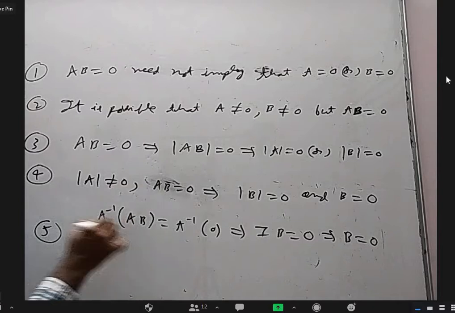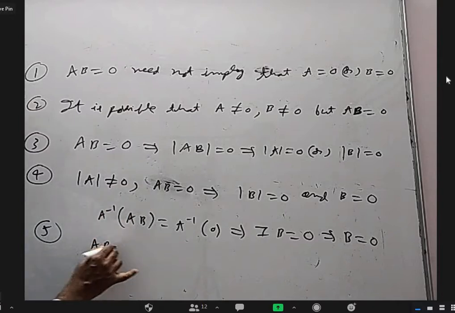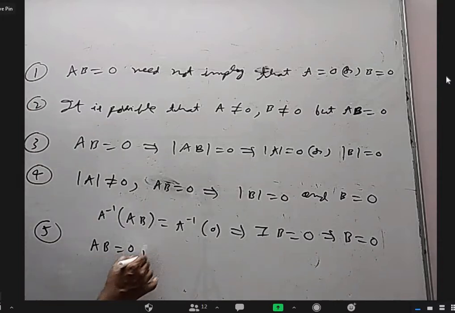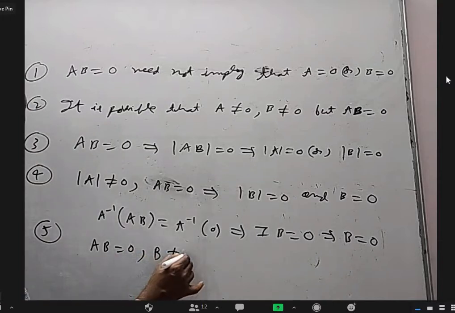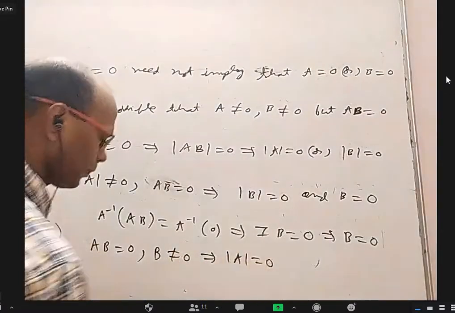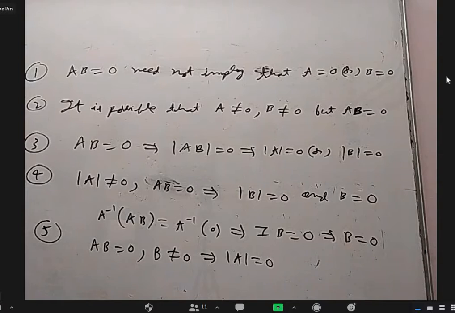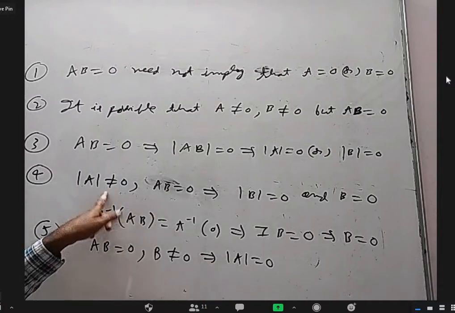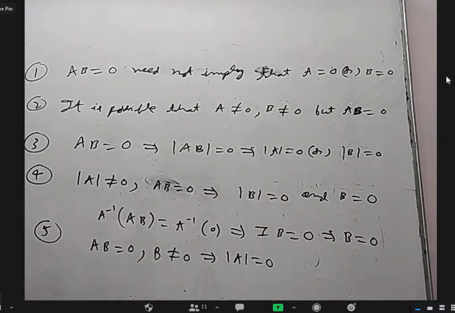Almost the same statement is this. AB equal to 0, and B should not be a null matrix. If you want that, then det A should be 0. If somebody says AB is a null matrix but B should not be a null matrix, then det A must be 0. Because if det A is not equal to 0, we already proved that B is a null matrix, right? Almost the same thing.